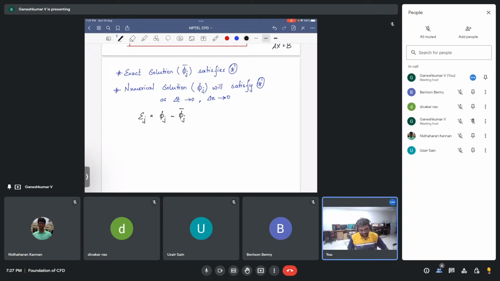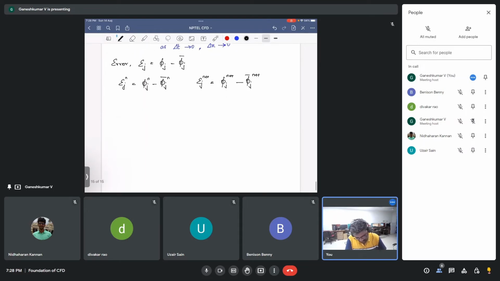If you write it for the nth time step, it is phi j at n minus phi j bar at n. Similarly, for the n plus 1 time step, the error epsilon j is phi j at n plus 1 minus phi j bar at n plus 1.